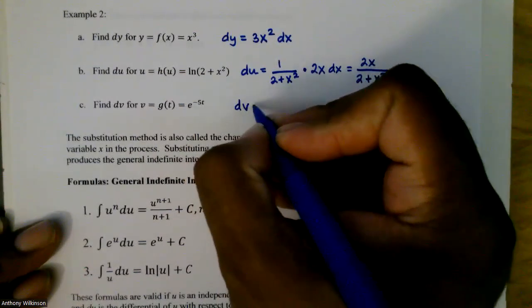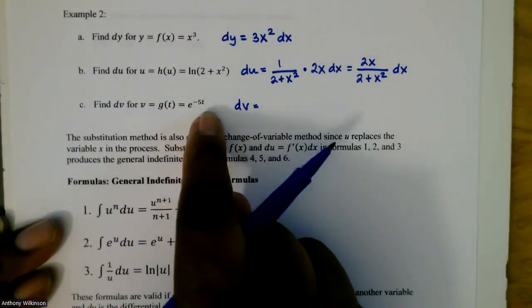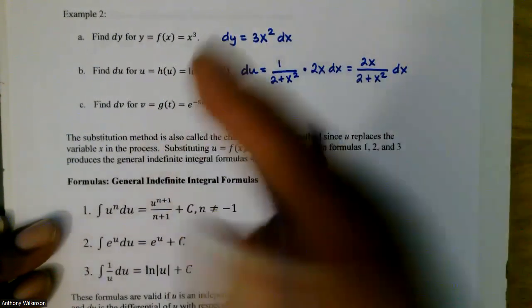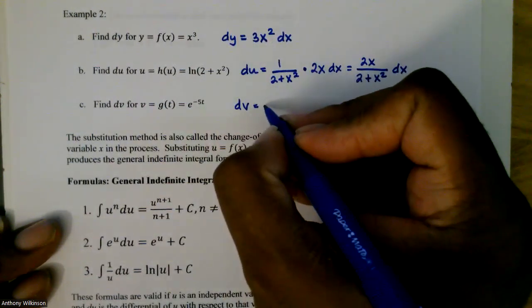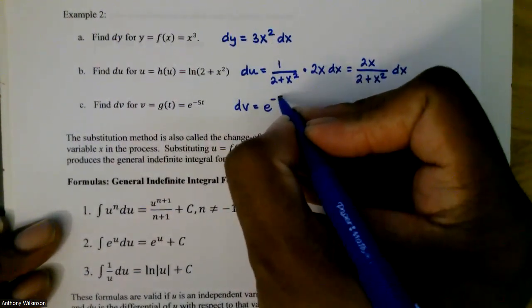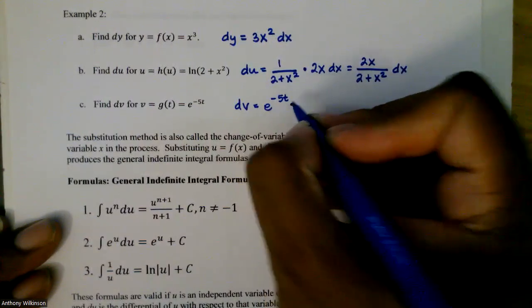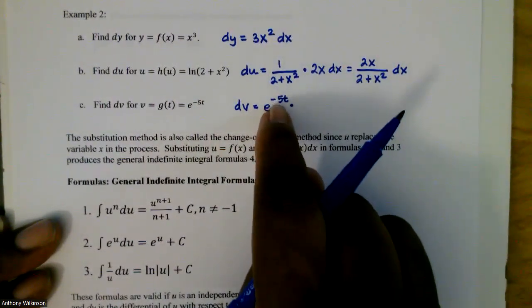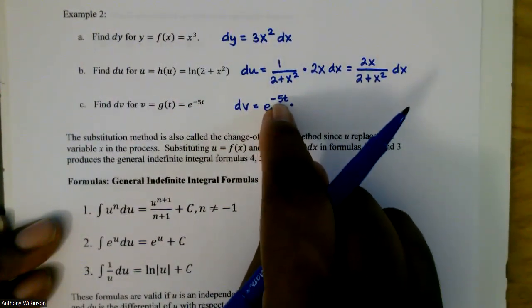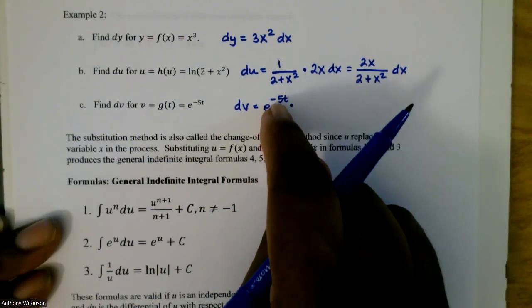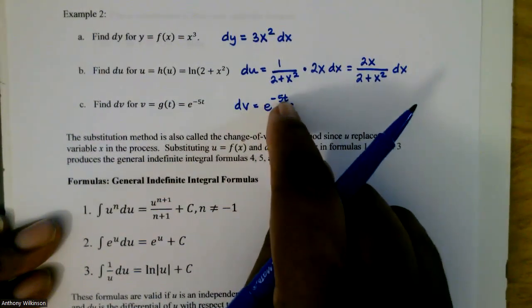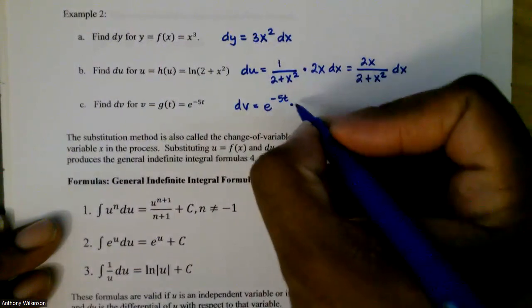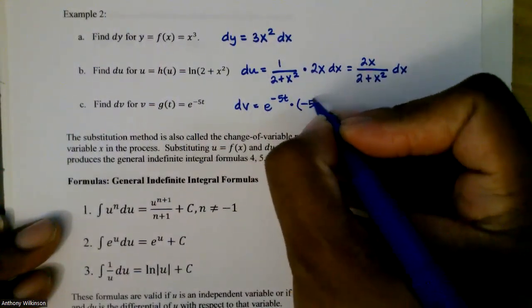So dv is this. The derivative of e to the negative 5t, well, that's the easiest derivative to take. That's going to be e to the negative 5t. But then we have to multiply that by the derivative of this function right here, negative 5t. The derivative of negative 5t would be negative 5.